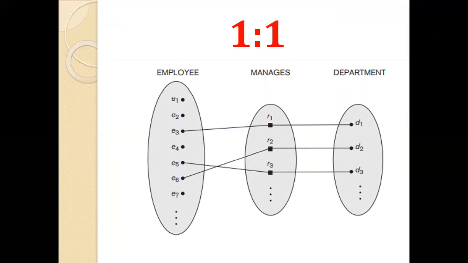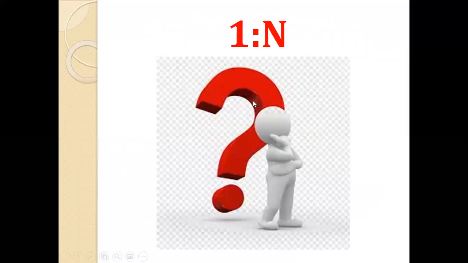So one employee can manage only one department. More than one employee cannot be the manager for one department, or more than one department can't have one employee as the manager. Such constraints can be indicated with the help of a 1:1 relationship.